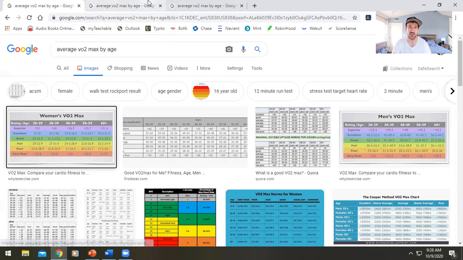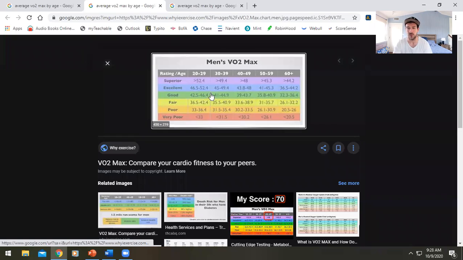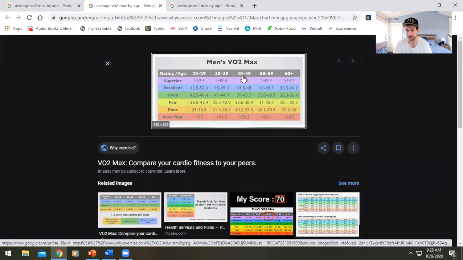That's a good thing. So if someone's 48, they'd fall between age 40 and 49. If their score is anywhere above 48, they're in great shape. If they're consuming 33 to 38, they're in okay shape. If they're consuming less than 30, they're in not so good shape.